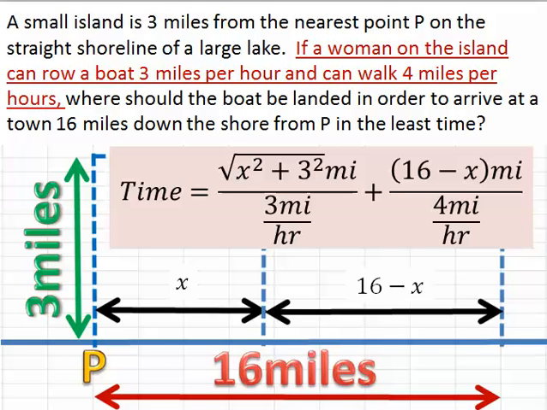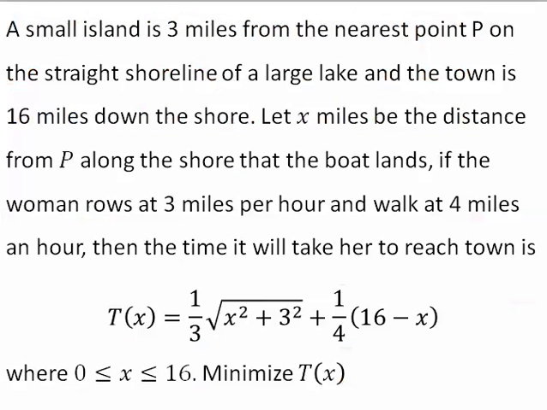The walking rate is 4 miles an hour. And so t of x gives the amount of time it will take for the woman to reach town if she lands x miles from point P.